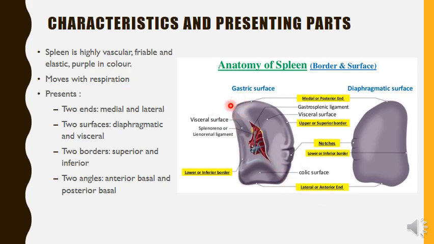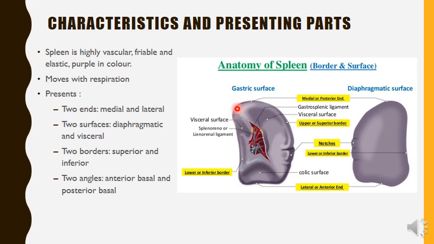So here this one will be the medial end or the posterior end, because it is oblique, the medial end will be more posterior, and here this is the anterior end, also called lateral. So this end will be lateral and this end will be medial, close to the midline of the body.